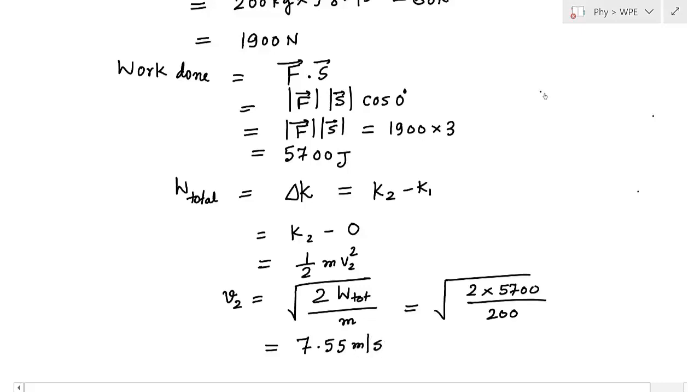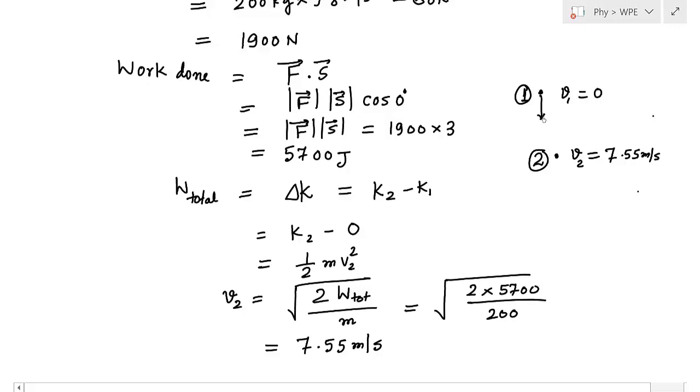Initially at point 1, v1 is equal to 0. At point 2, v2 is basically 7.55 meter per second. So you see velocity has increased.